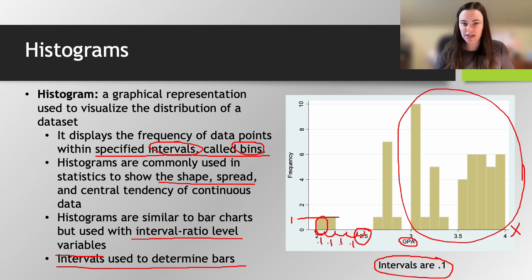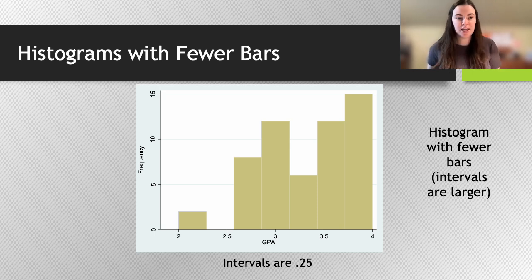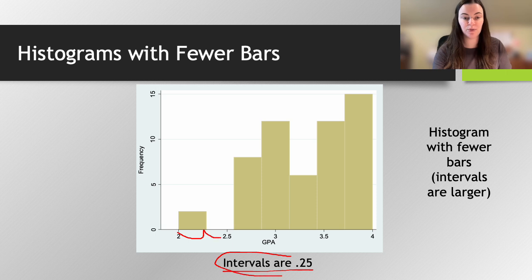But let's take a look at an example if I were to change this interval size here at the bottom. This is a histogram with fewer bars, but it is the same information that I just used on my previous slide. The difference is that I increased my interval size to 0.25. So now the difference between ticks at the bottom is only 0.25 rather than 0.1. Let's take a look at what actually happened here.